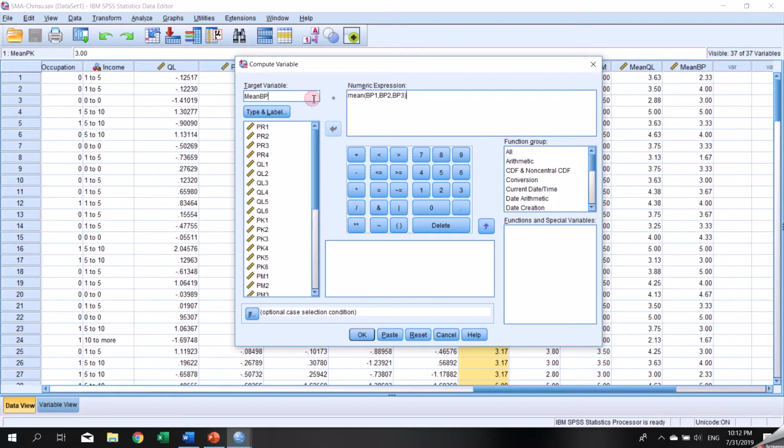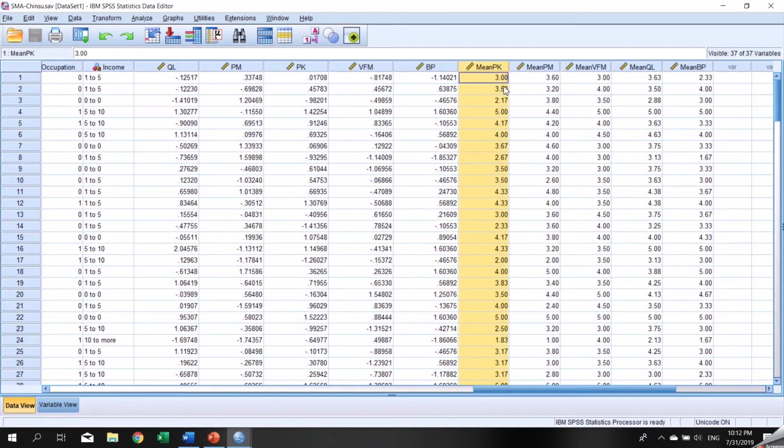You name it, for example, mean of PK, and here you write PK1, PK2, PK3, all the way to PK6. Hit OK. Now the result will be right here. I'll do the same thing for PM, VFM, which is value for money, QL, and BP. And we'll run regressions on both sets of data, since there will be a little bit of difference.